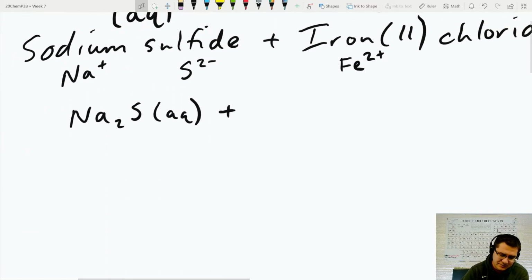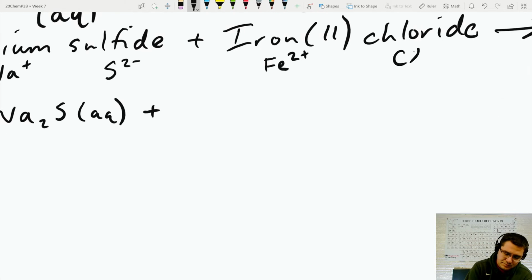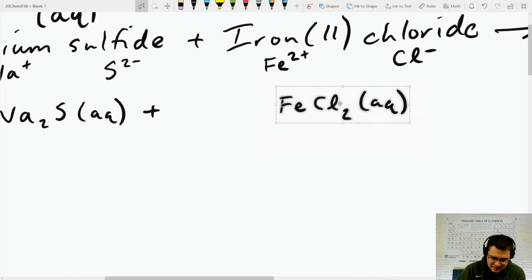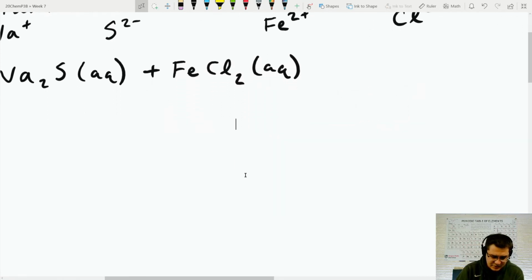It's in group 7. So then, same thing here, I would need 2 chlorides to balance the charge. So this would end up being FeCl2, aqueous. And I'm going to move these over so that it lines up here. Let me zoom out a little.